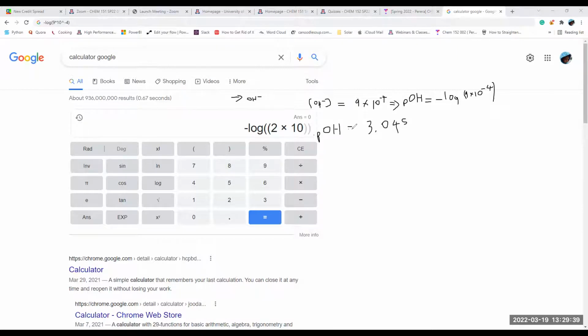Right, and we know pH plus pOH is 14 at 25 degrees Celsius. Now pH is 14 minus pOH, which is 3.045. That comes out to about 10.96.